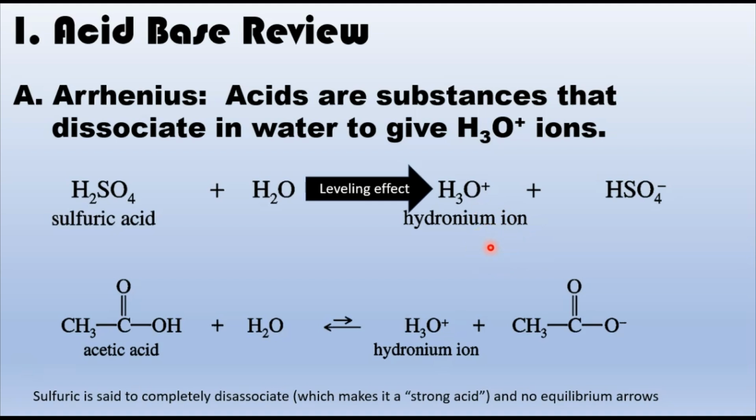So for a given solvent, that's going to affect how strong an acid you can have. So protonated solvent, when the solvent's water, is hydronium ion. And there's no equilibrium arrow here. We say sulfuric is a strong acid because it completely dissociates.